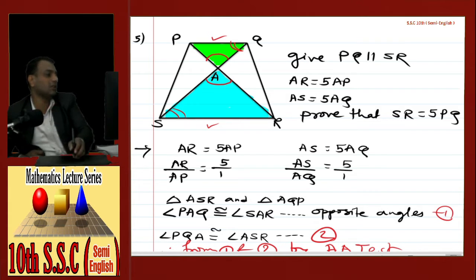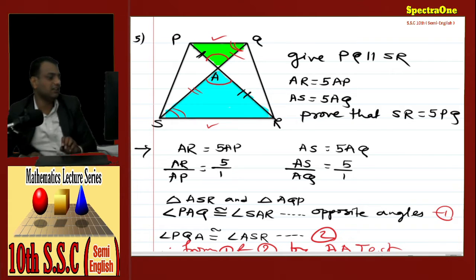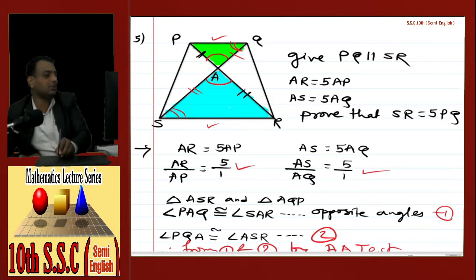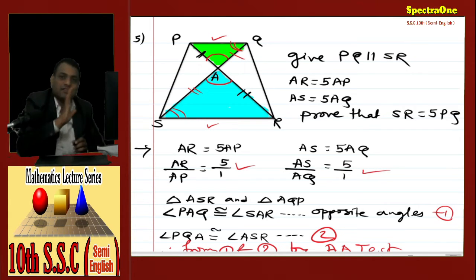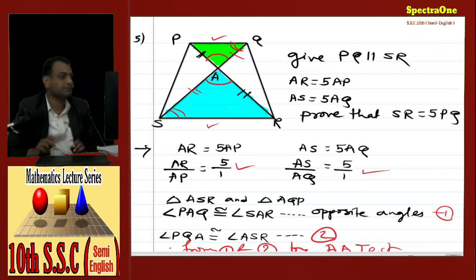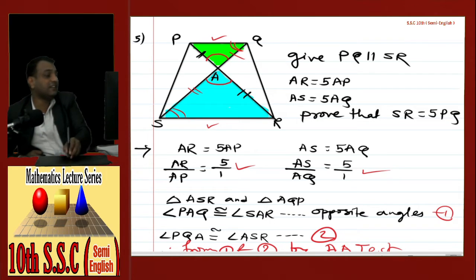Which one? Listen, pay attention. These are opposite angles, and the ratio of this side and this side, and the ratio of this side and this side, is the same, that is 5 by 1, 5 by 1.